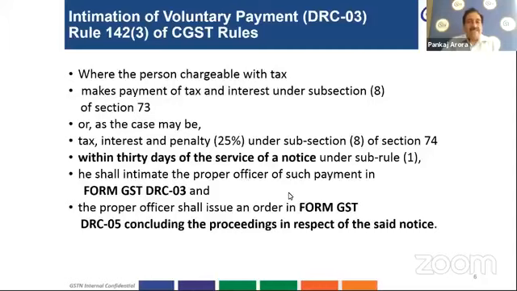And if the notice is issued under section 74, then the taxpayer will pay along with the tax and interest a penalty up to 25%. But this facility is available only if such payment is made within 30 days of the service of notice.